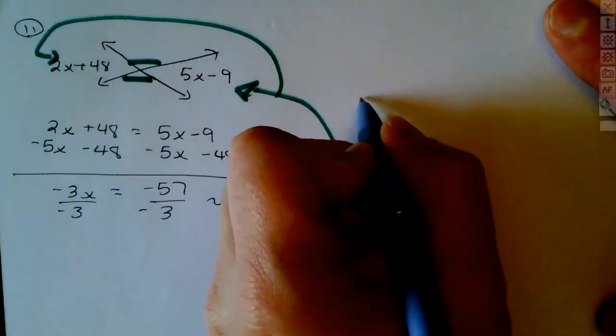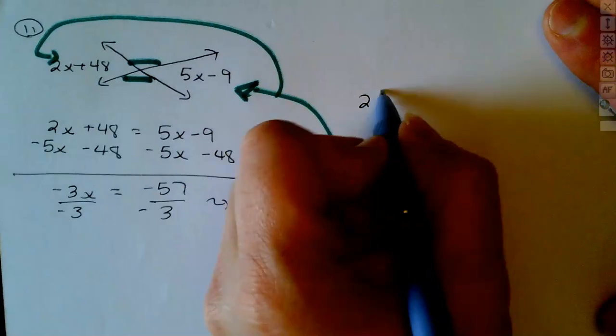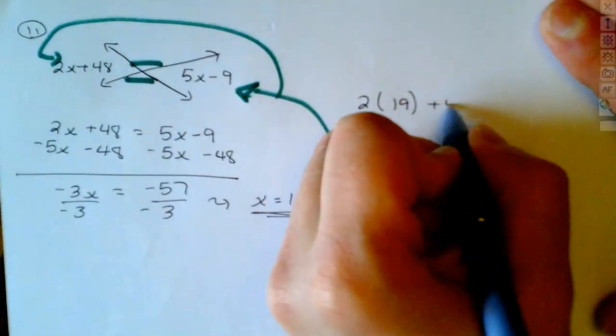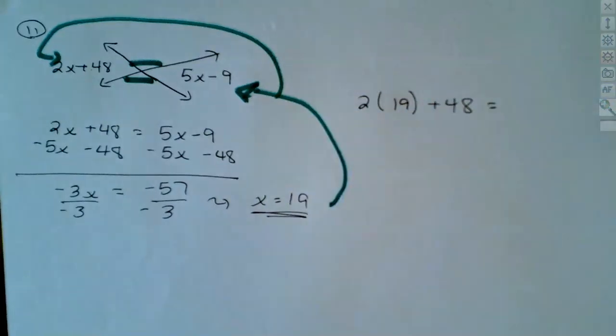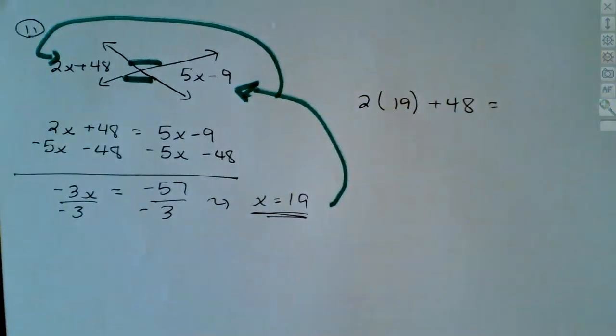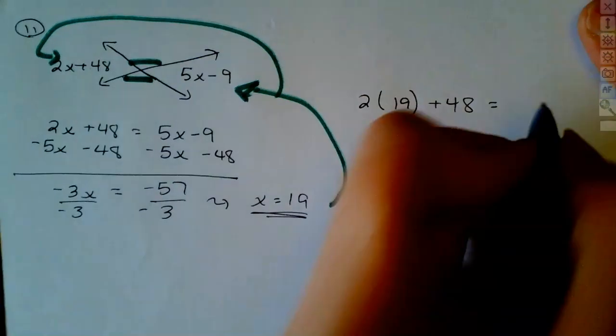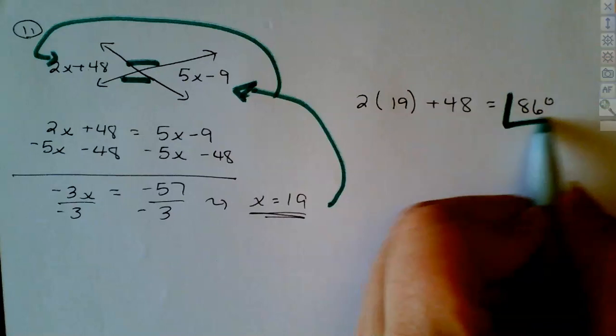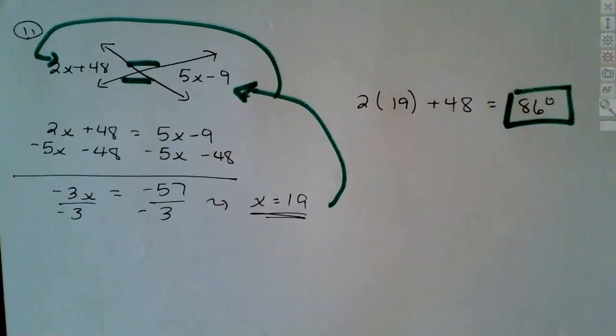So we'll plug it in each one, and we should get the same answer. So the first one is 2 times 19, that's my x value, plus 48, and that gives me then 86 degrees. So that's one of my answers. Now the other one should be the same. So let's work it out.